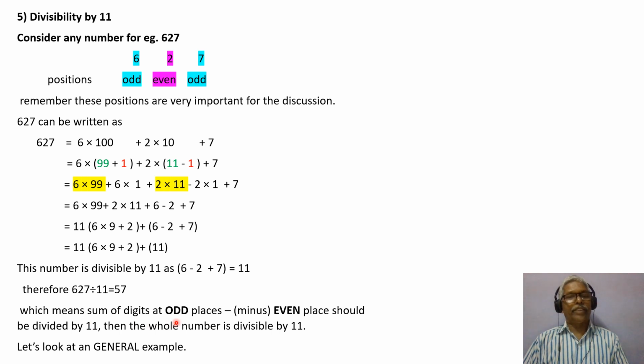So the sum of the digits at odd places minus the sum of the digits at even places should be divisible by 11. Then the whole number is divisible by 11. You will understand this if you try to solve some problems. This is actually very easy.